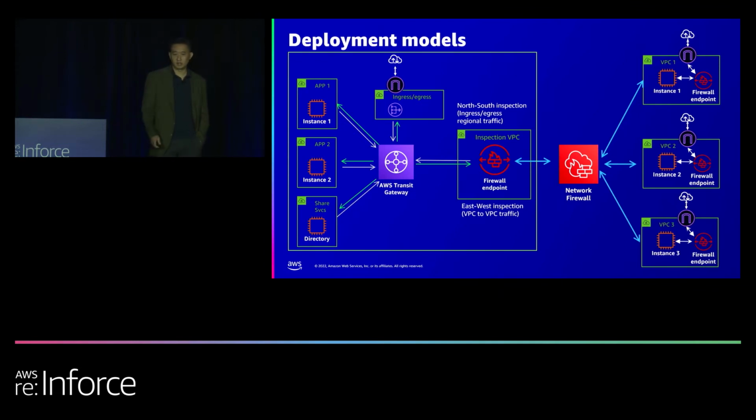If centralizing inspection isn't appropriate for some of your use cases, you can still deploy the firewall individually at each application VPC and have the inspection done locally there. You can combine these two models as you see fit based on your governance model on the infrastructure.